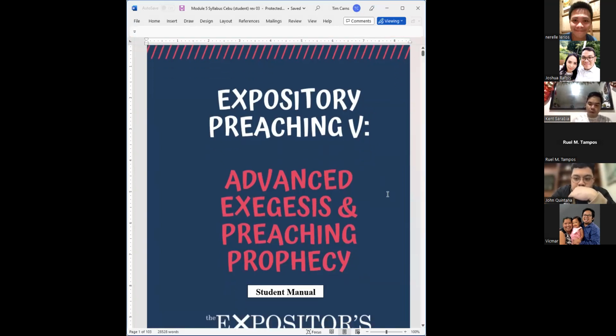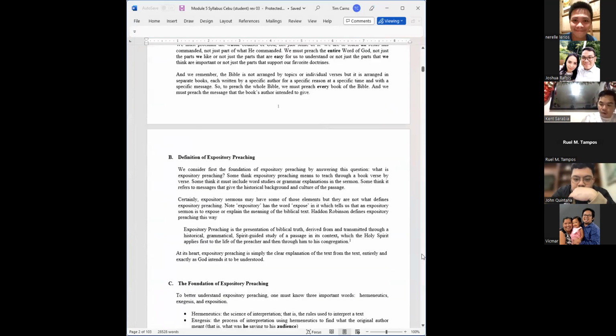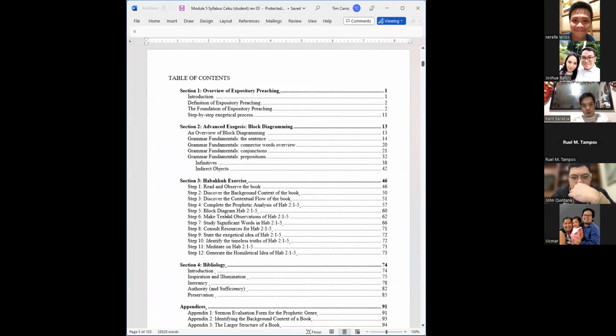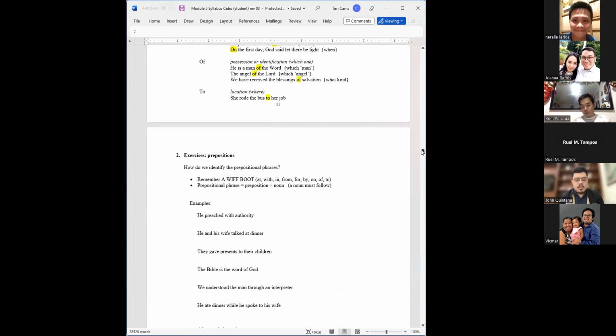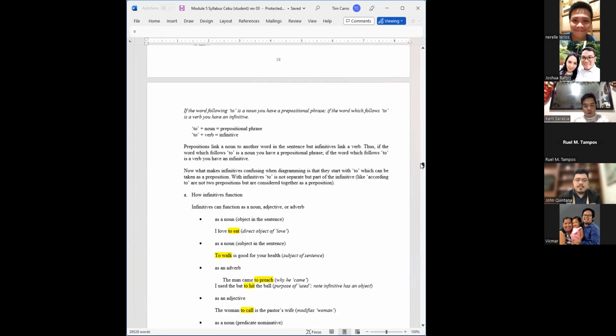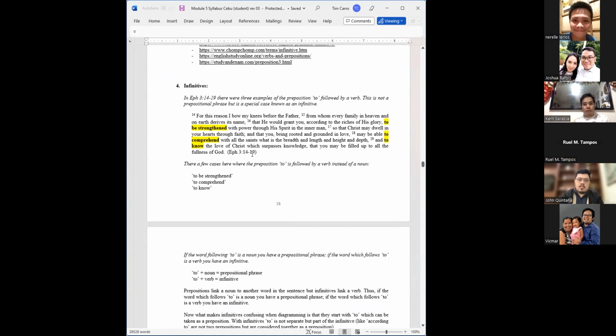Okay, sorry about that. So this is the one I handed out to you guys, and I think if you go around page, let's see, 13, around page, was it 30? Here we go. Now I found it. Okay, page 38. I put in a section here where we talked about infinitives.